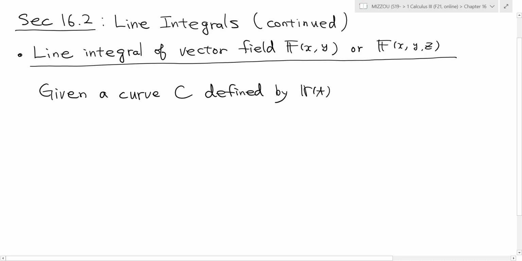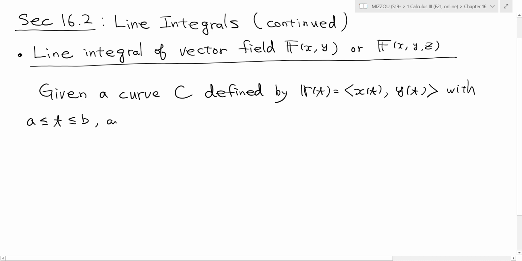R of t is x of t, y of t as usual, some curve on the xy plane with t between a and b, some particular numbers a and b.